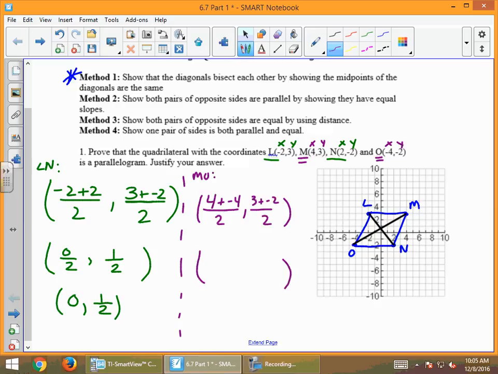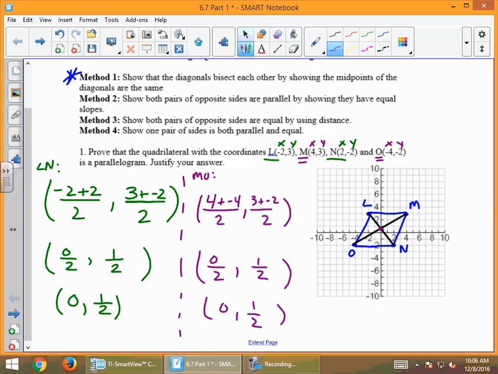Clean it up. 4 plus -4? 3 plus -2? Clean it up. 0 over 2 is 0. Can't simplify down 1/2. Are these the same? Yes. So that means these two lines you drew meet at the same exact point, which means they bisect each other.